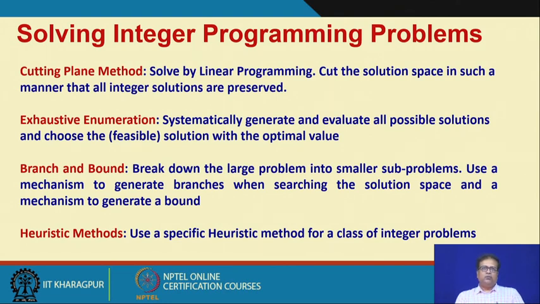Those bounds should be possible to obtain for every node, and from there it should be possible to obtain the optimal solution. It is an involved technique, but a very powerful technique which guarantees an optimal solution. In due course of time, we shall see the branch and bound technique.